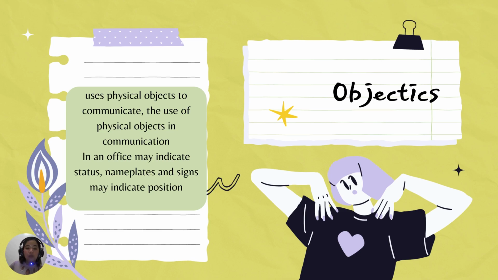When we look into the form of words and all, we try to understand and identify what kind of people they are. But here, when we talk about objectives, we try to look into how people look, and therefore we try to define them. What kind of people are they? Okay, so that is objectives.